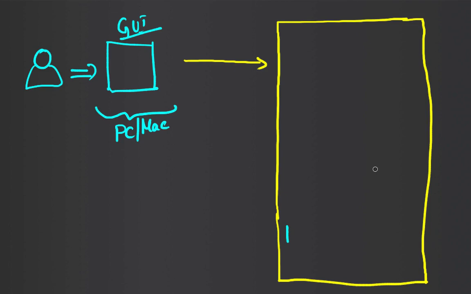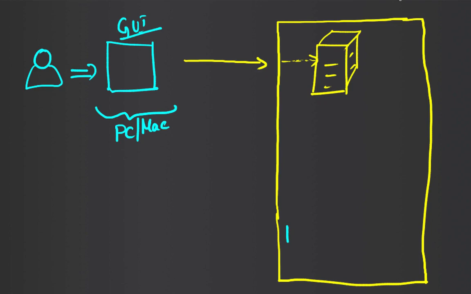It can be more than one, which we're going to see in a minute. So this is the hardware. It's a computer that takes in this request, analyzes it, and responds to it.